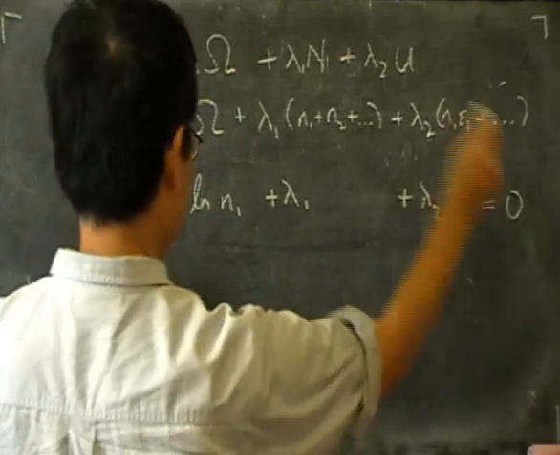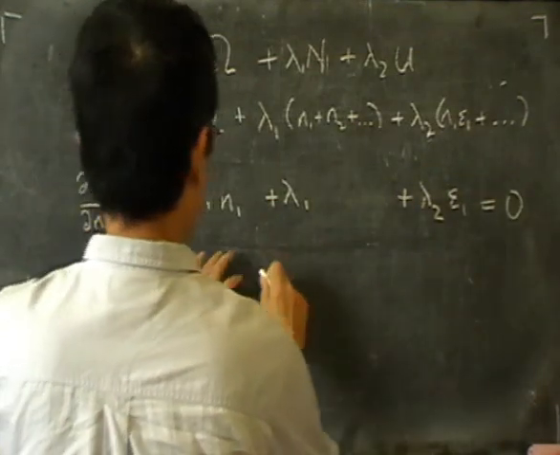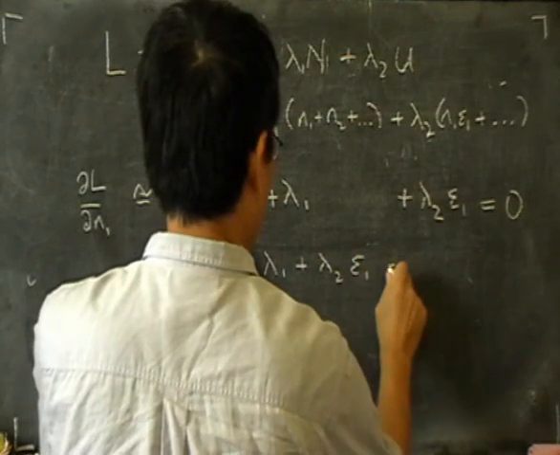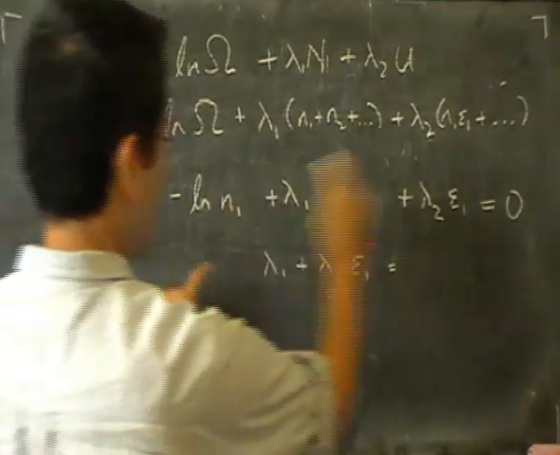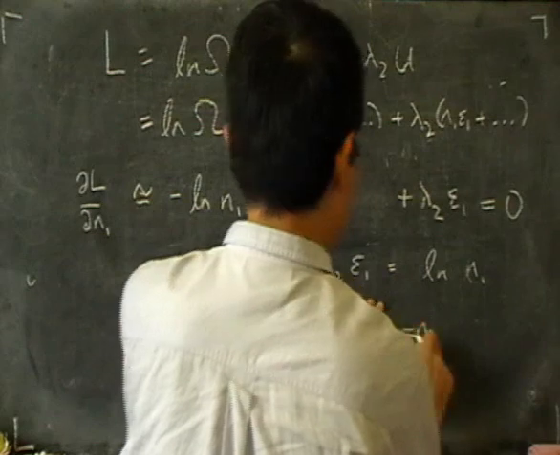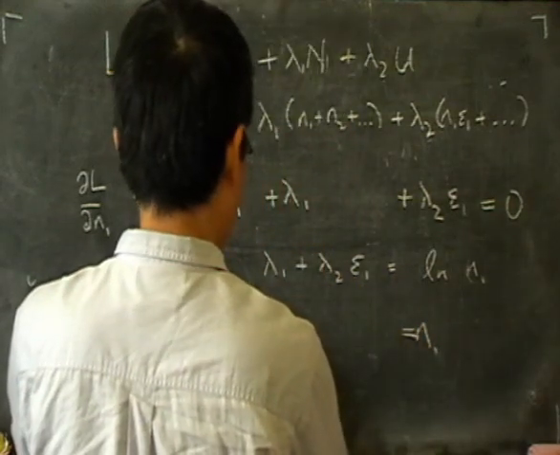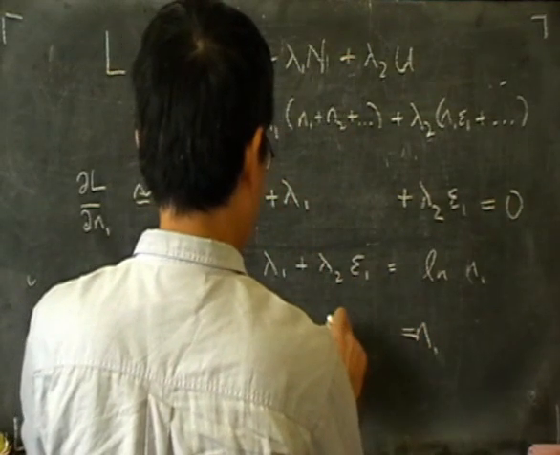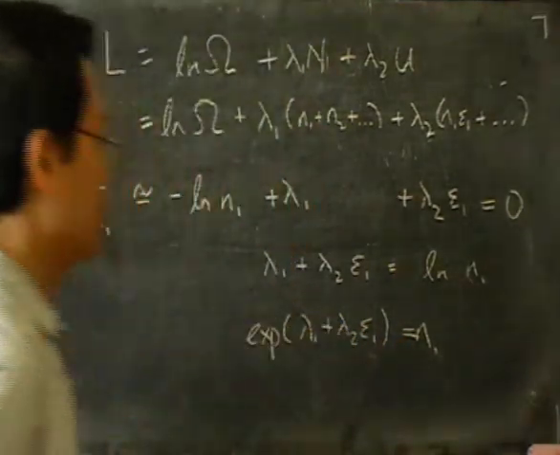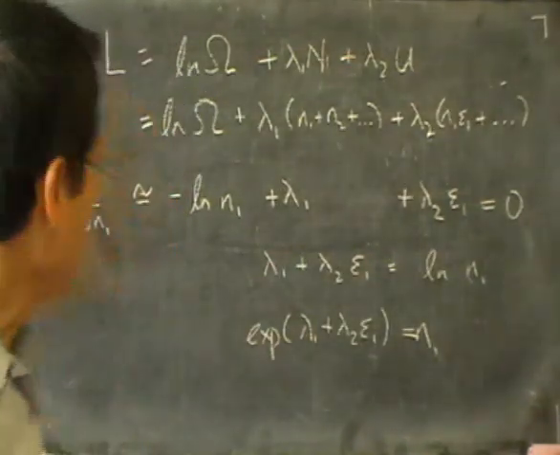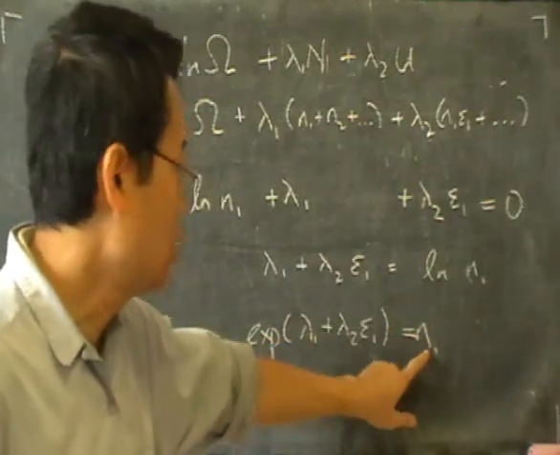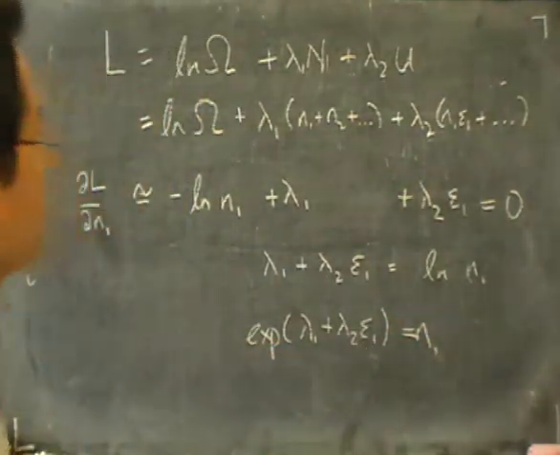If you rearrange this, lambda 1 plus lambda 2 epsilon 1, and move the minus log n1 over to the other side, we will find that n1 is equal to the exponential of lambda 1 plus lambda 2 epsilon 1. And you can imagine that you can repeat this for n2 and you get a similar expression, but with n2 and epsilon 2 instead.